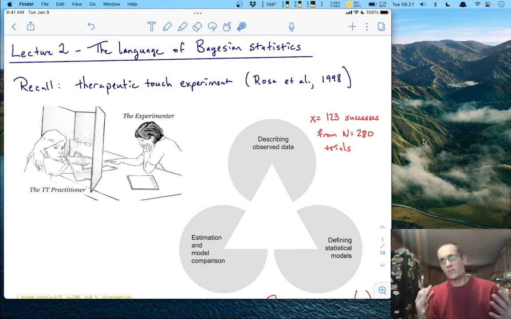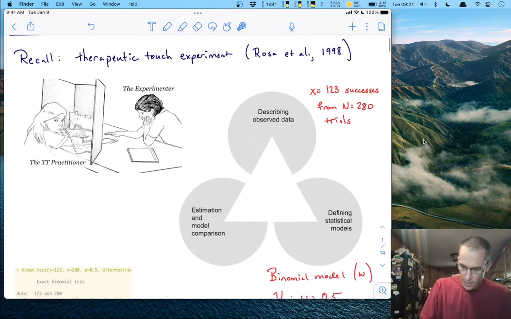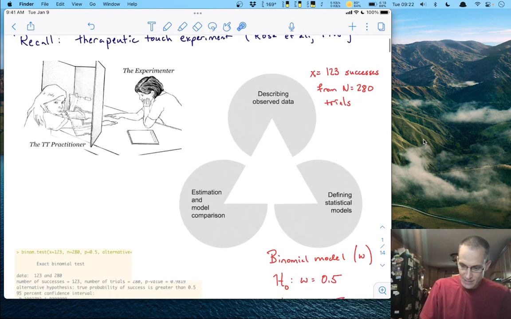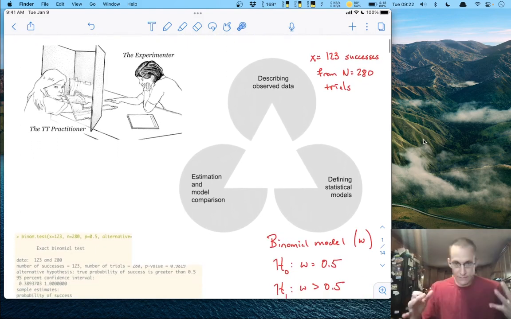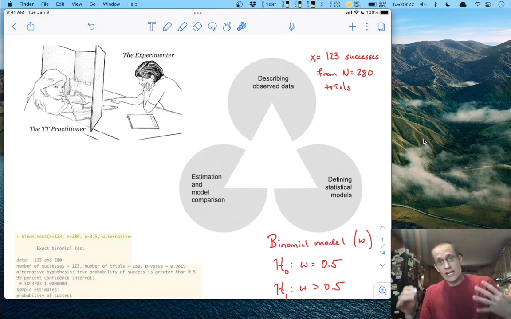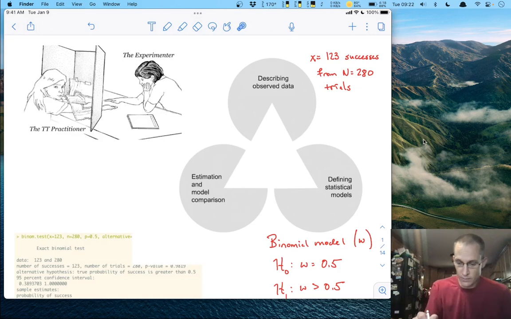And so we used this example in Lecture 1 to motivate the idea of statistical inference, particularly classical statistical inference. There are these three pillars of statistical inference that we must use. One is we describe the observed data.